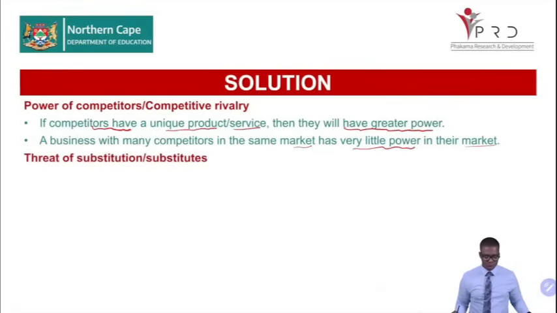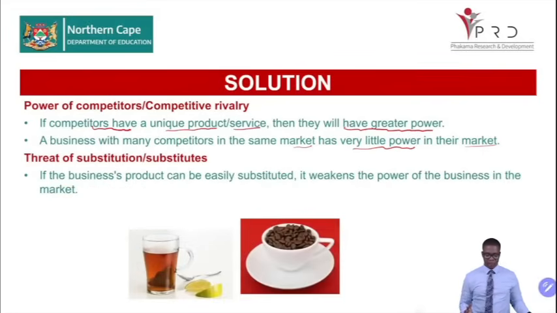Then we also look into the threat of substitution or substitutes. Here the business will analyze the substitute product. Let's say the business that you are owning is selling tea.